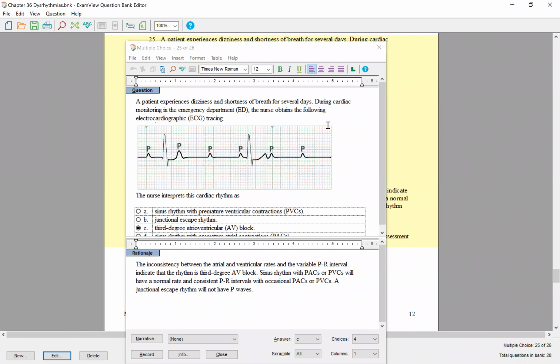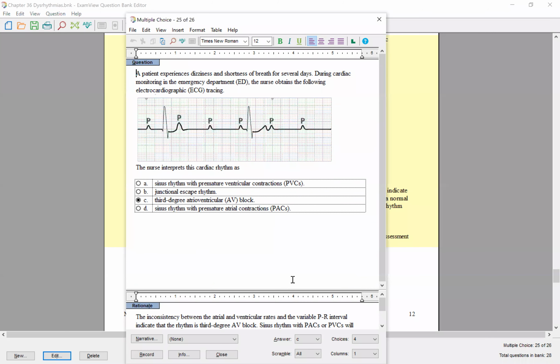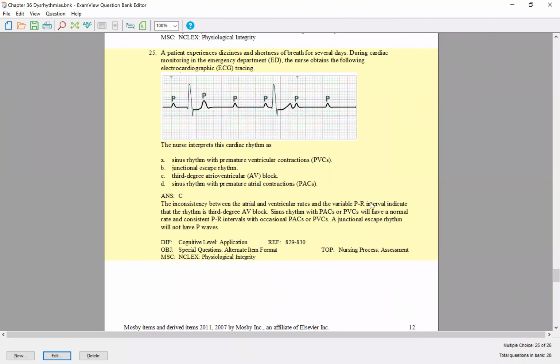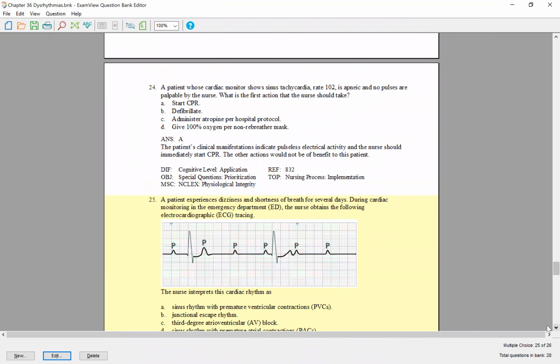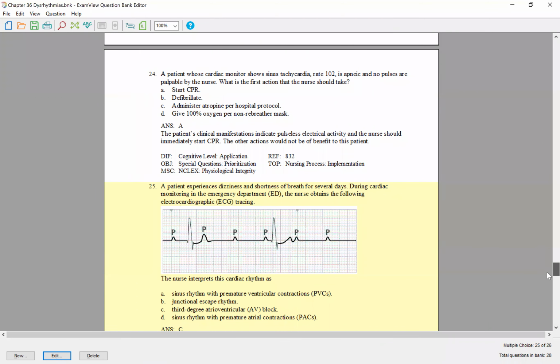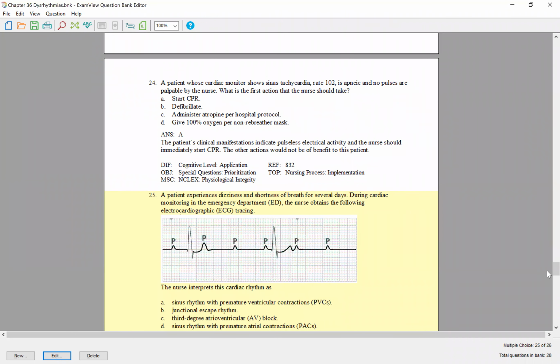Okay, try this question. We're doing 25, Professor? 25, right?